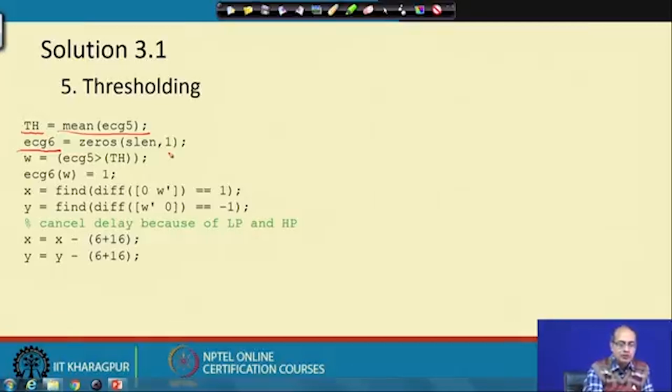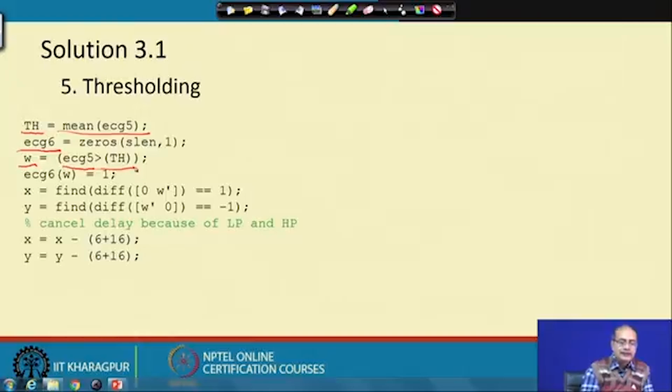Next, we take out a vector, the index W, for which the indices of ECG 5, that is the posts, are greater than the threshold value.